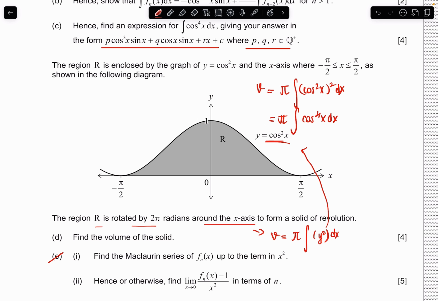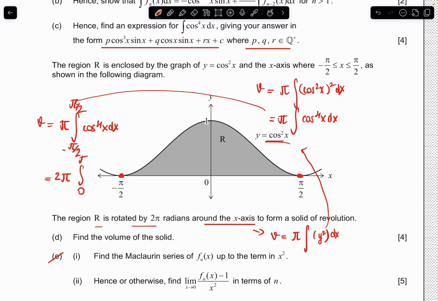I'm not going to calculate it, but this shows us pi and our limits, which are minus pi over 2 and pi over 2 because that's what the region spans, of cosine to the 4th power x dx, and this is what we have to calculate. Alternatively, you can also do 2 pi from 0 to pi over 2 of cosine to the 4th power x dx.